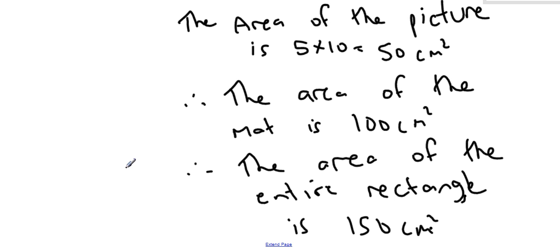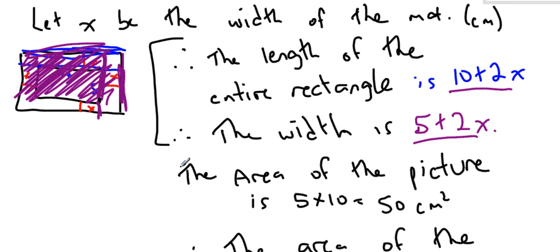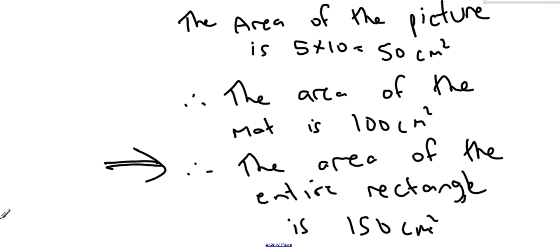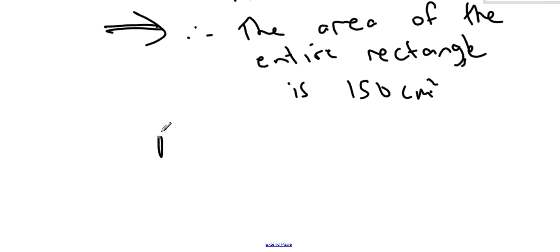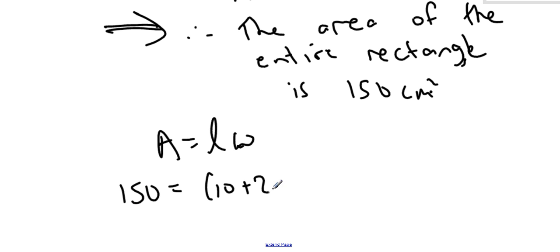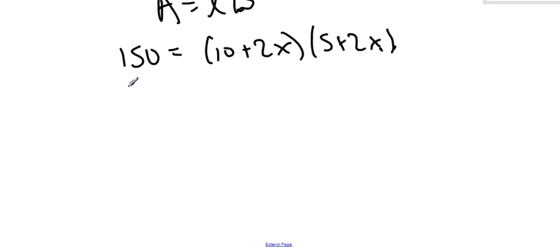So now we have here the area is 150, and here we have statements about the length and the width. So let's create an equation which says that area is length times width. So in this case, 150 is length times width. And now I have one equation with a single unknown variable called x.